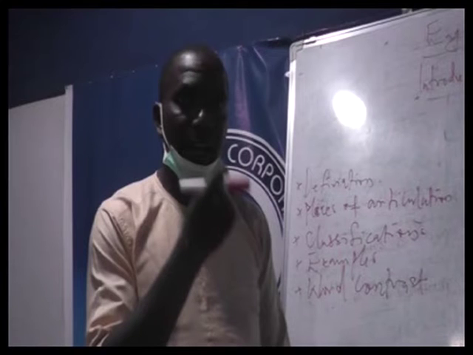For instance, the first one is the sound t, and the second one is d. In trying to produce it, you discover that the two have the same place of articulation. But how do you differentiate the two?